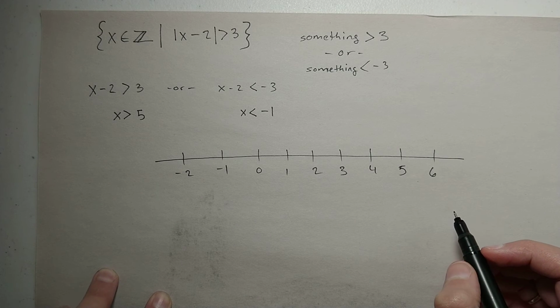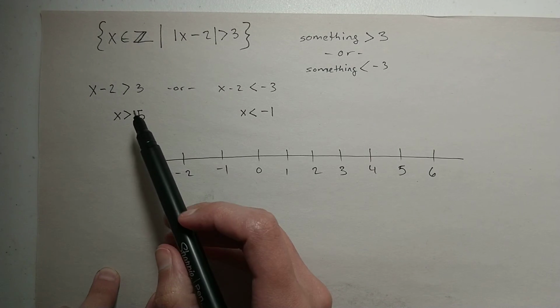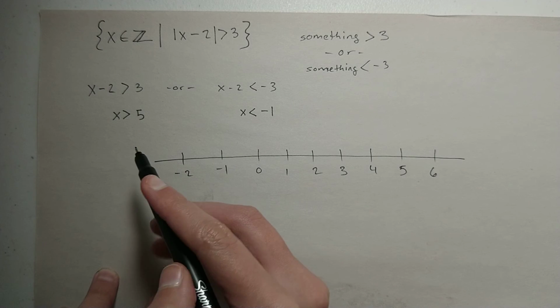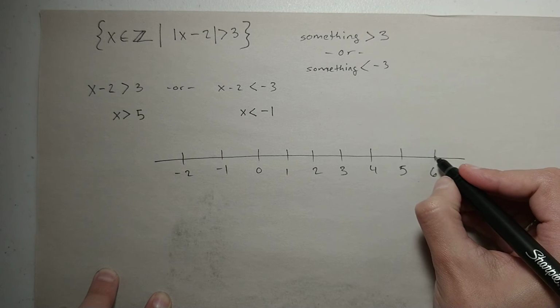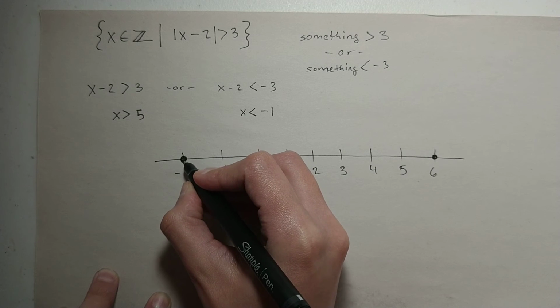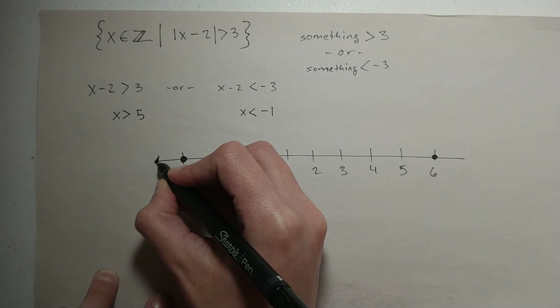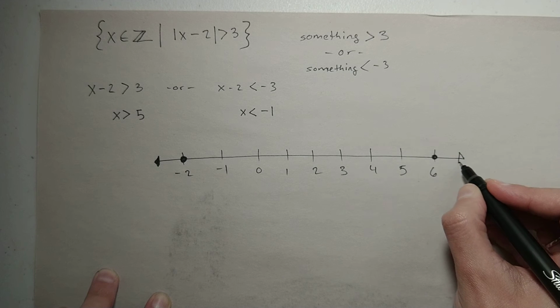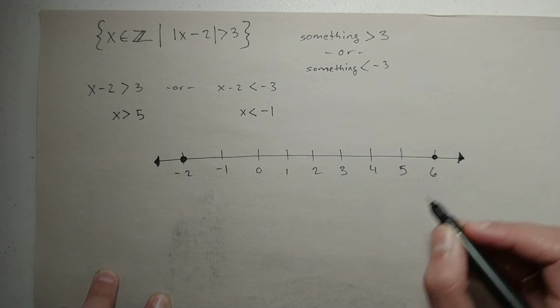All right, since these are integers, make sure you just plot the points. So X is greater than 5 or less than negative 1. Obviously, it keeps going on since I didn't make a very big number line.